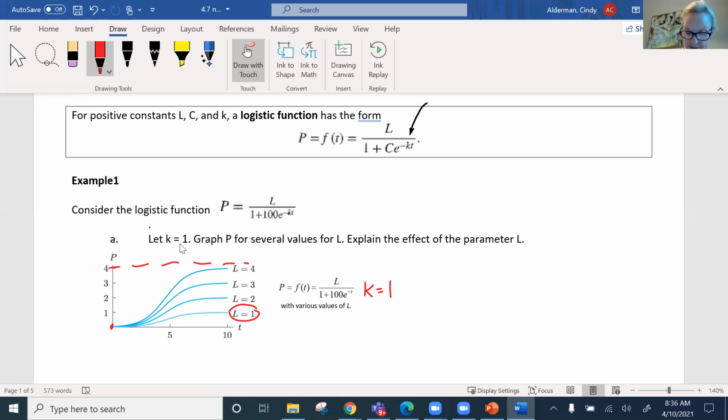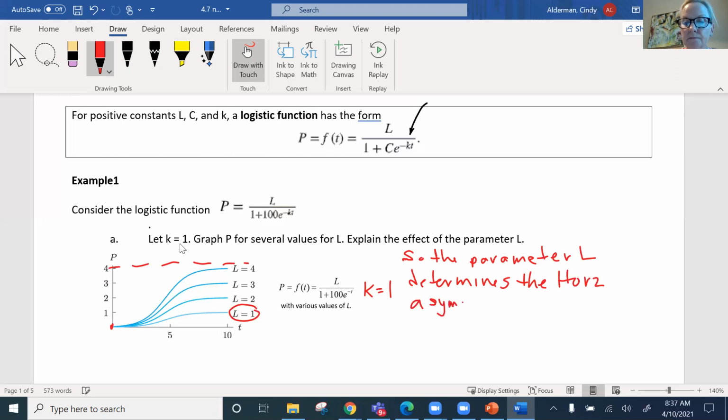So let's summarize that. The parameter L determines the horizontal asymptote. And the horizontal asymptote is where it levels off, right?